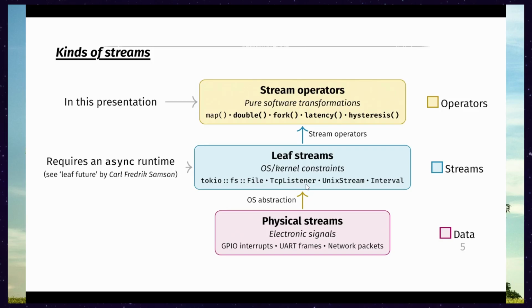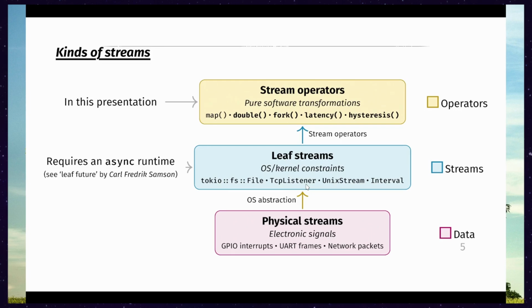And I try to be consistent in terms of colors and shapes, so it could maybe help you to follow along. So the operators are always going to be yellow, and streams are going to be blue, and data is going to be purple, red. And the stream operators we'll see today, we'll see the basic ones from the futures crate, like map.